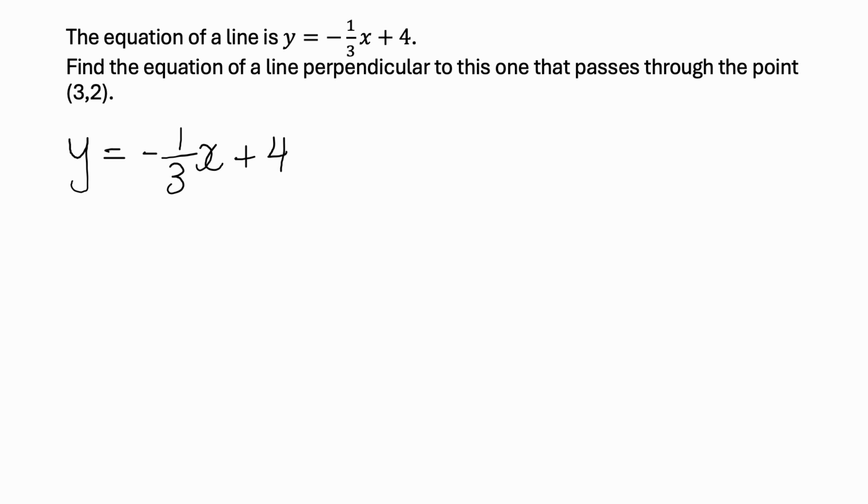Perpendicular lines are negative reciprocals of each other, so you have negative a third. Another way to prove it is that both of the numbers have to multiply to give negative 1.